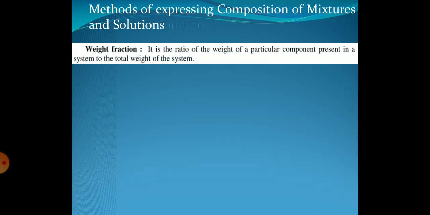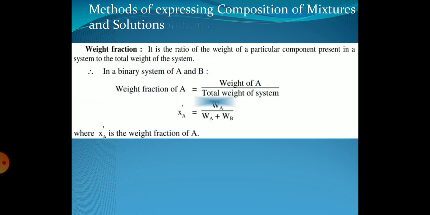Now, the next term is weight fraction. It is the ratio of weight of the particular component present in the system to the total weight of system. For the binary system made up of component A and B, the weight fraction of A will be equal to weight of A divided by total weight of system.